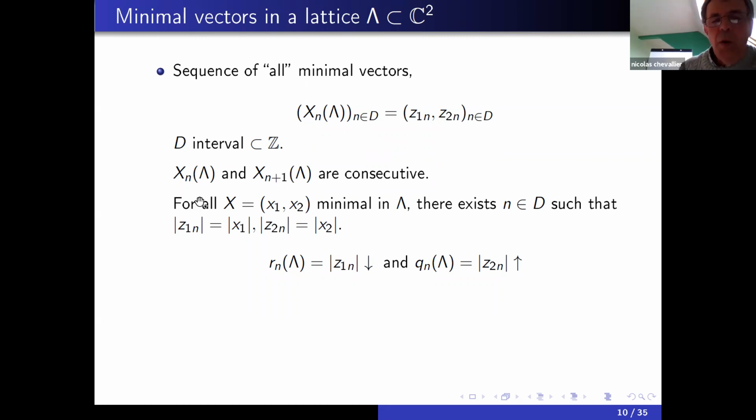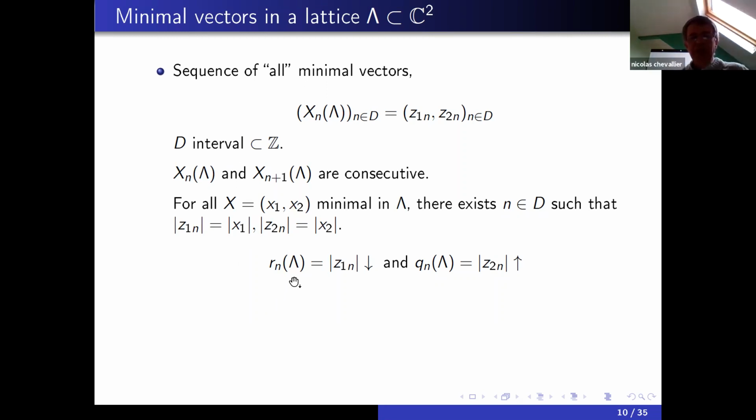And for all minimal vectors x in lambda, you must have some integer n in D such that the modulus of the coordinates of x are equal to the modulus of the coordinates of the minimal vector xn.